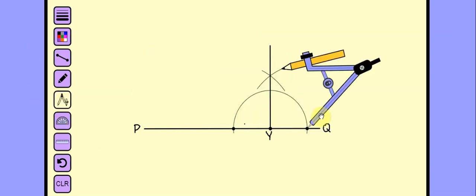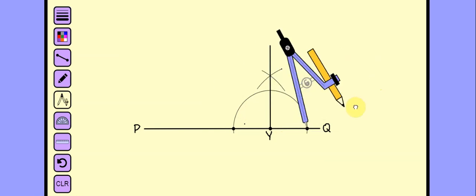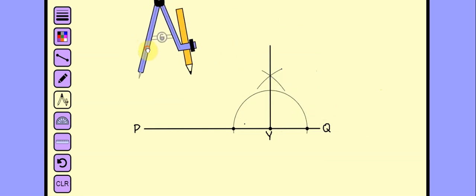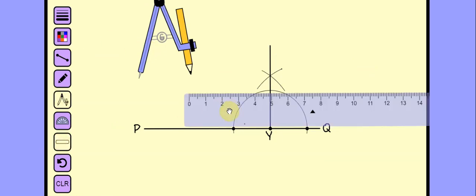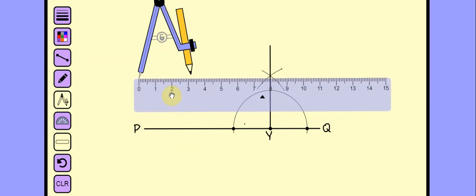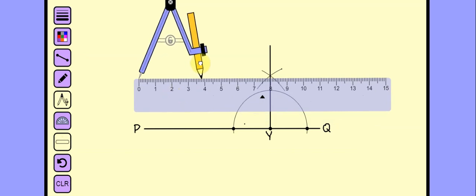So taking your compass, you are going to measure or open it up to a separation of 3.8 centimeters. All right, there we go.